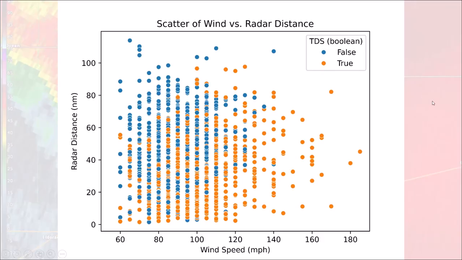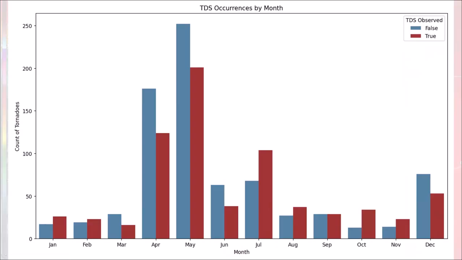That's fairly intuitive. And here's a breakdown of tornado debris signatures observed by month. There's an interesting reversal in the pattern you see. You got about even odds that you'll see a TDS in the winter months. As you go into the spring months, we also get larger amounts of tornadoes, but a lot of these are weaker, don't produce TDSs, maybe over more of the pastures and plains of the central United States.